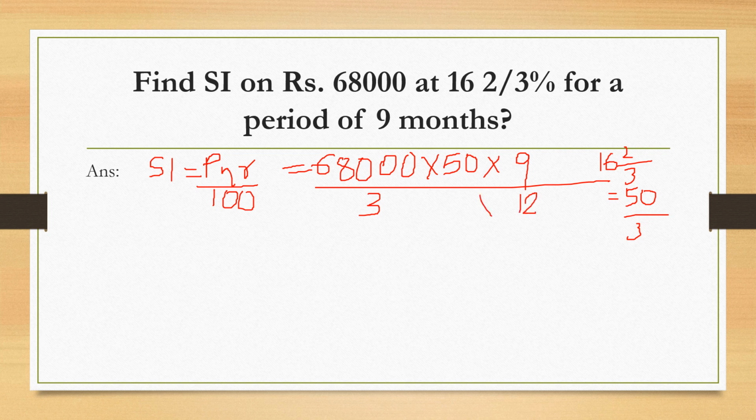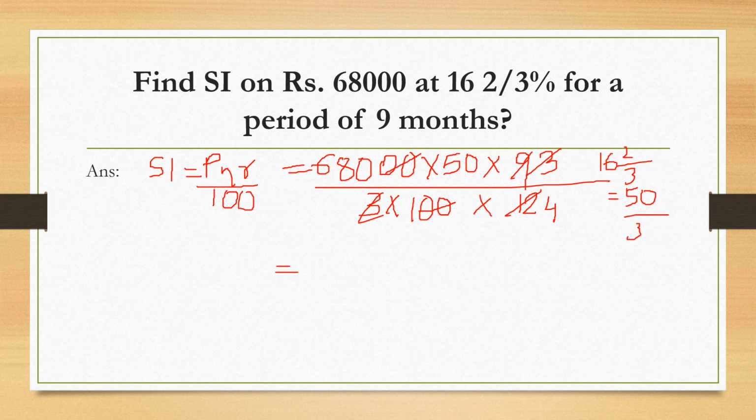Also, we have a 100 in the denominator. So, we can cancel the 2 zeros of 100 here. So, 3 into 3 is 9. This 3 and 12 can be cancelled. 3 into 4 is 12.